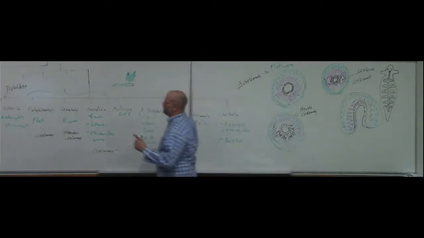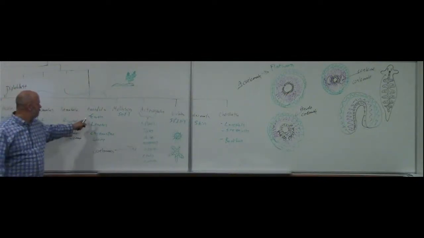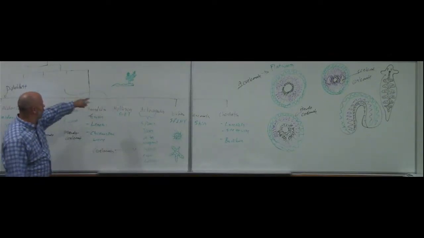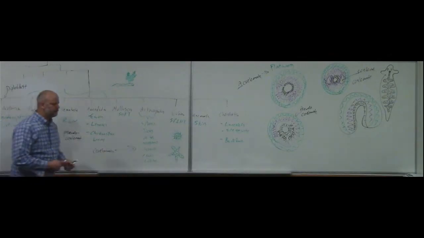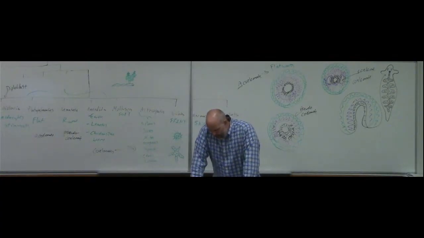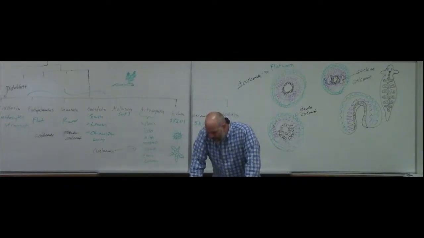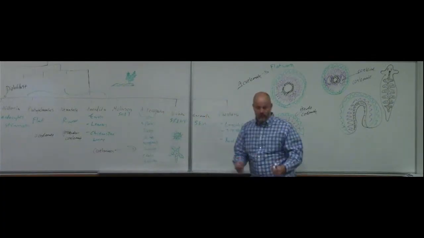So, annelids are the first ones that are true coelomates. They have all this, okay? Going back to our chart here. Blastula, gastrula, diploblast, triploblast, acoelomate, pseudocoelomate, true coelomate. Now we get into things like protostome, deuterostome, spiral cleavage, and radial cleavage, and symmetry.